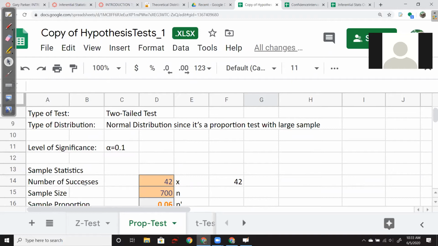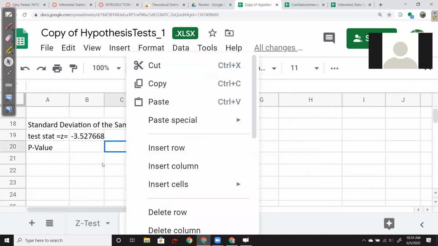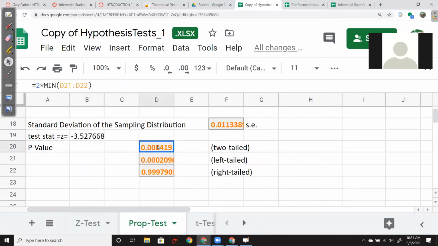Most data is within 2 standard deviations in a normal distribution. So this is an unusual event. The p-value is way less than 10%, right? If we change that to a percentage here, we're at 0.04%, right? So that's a wicked small p-value. So what do we do? Reject the null or fail to reject here, given that we have a wicked small p-value?